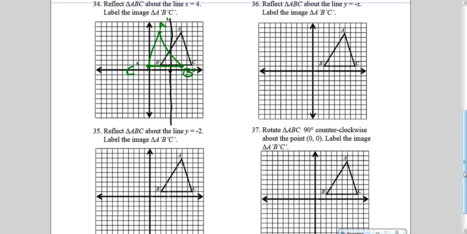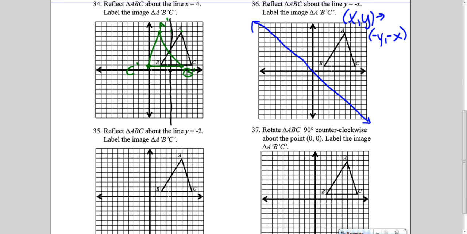All right, 36. Reflect triangle ABC about the line y equals negative x. So that is that line right there. For line y equals negative x, we take our point x, y, and we flip our points and make them both negative. So we would end up at negative y, negative x.